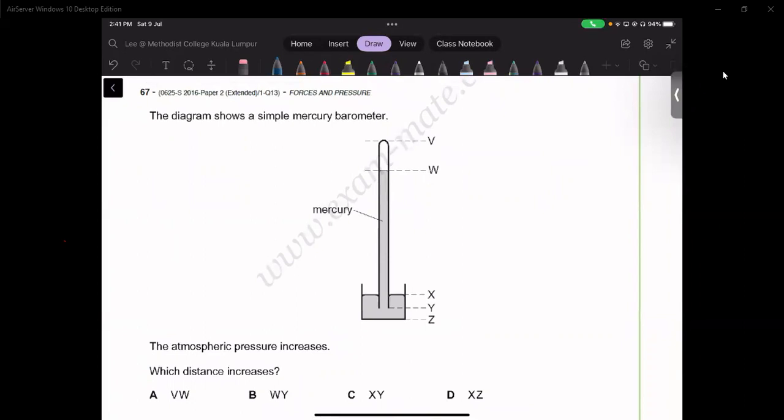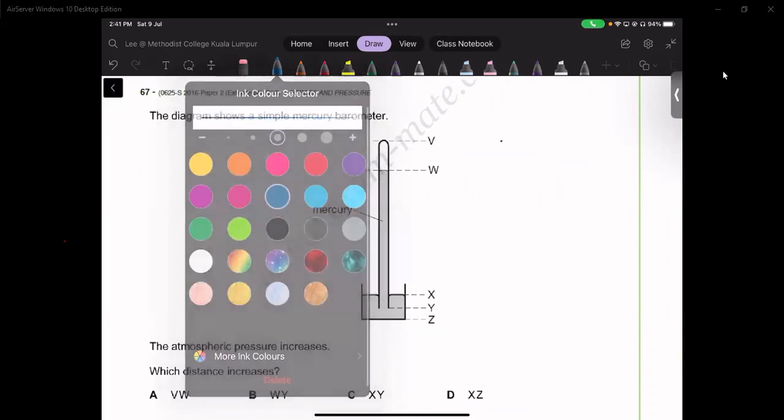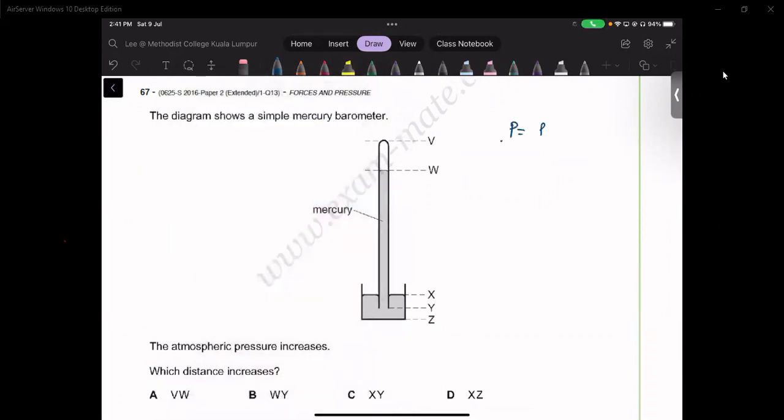I am now going to increase the atmospheric pressure. So if I think about P is rho g H, P increases, and we know H will increase. So which is the distance H that will increase?